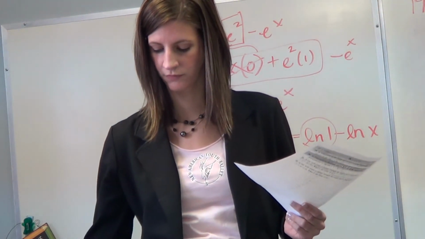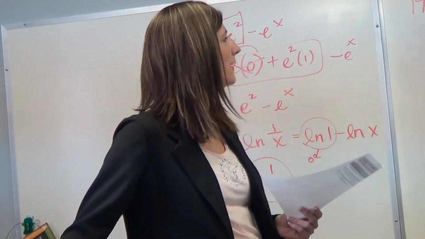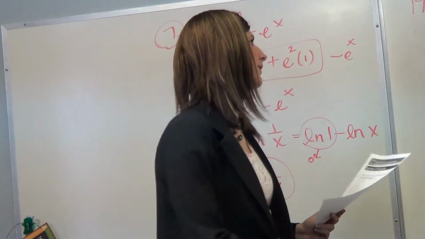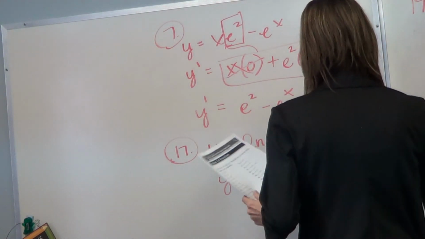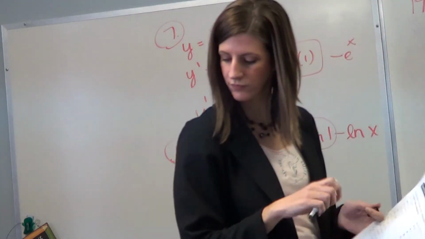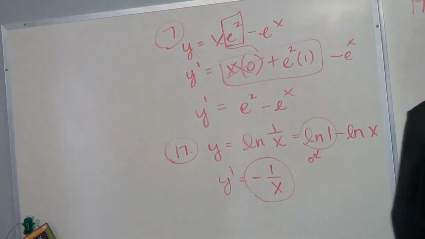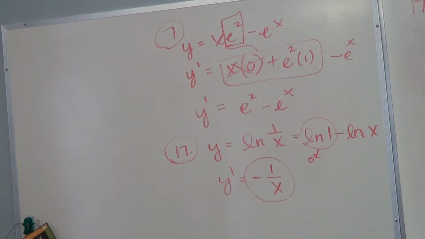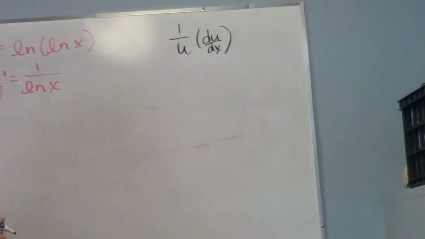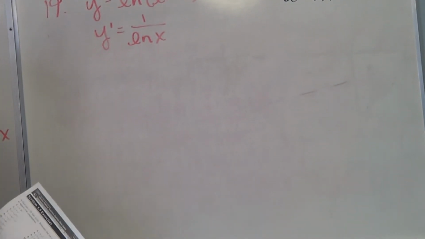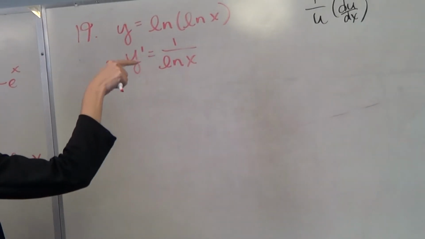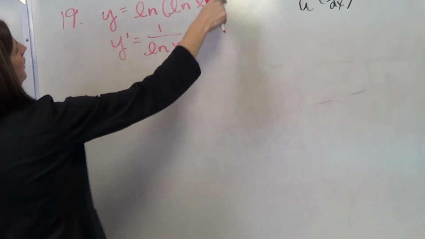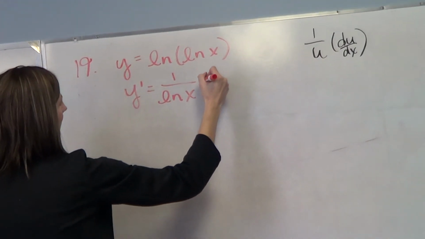Okay, so it's 1 over ln x, right? The rule is 1 over u times du dx. So 1 over ln x would be the u part. And then times the derivative of this.